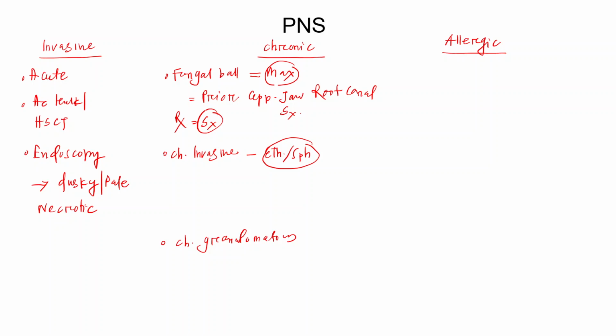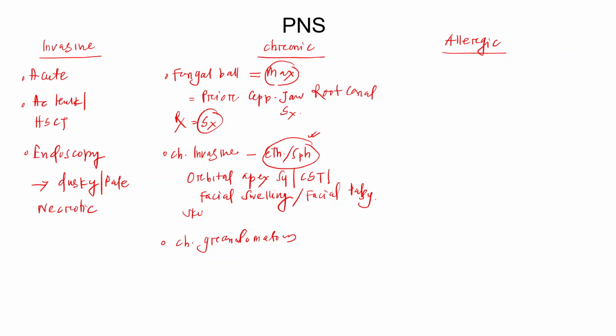Chronic invasive variety usually affects the ethmoid or sphenoid sinus, and the usual presentation is orbital apex syndrome, or cavernous sinus thrombosis, or facial swelling with facial palsy.